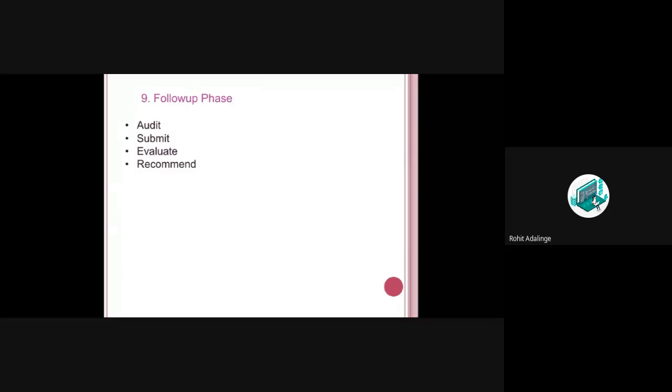And the last one is the follow up phase, the ninth. Under follow up, there are four steps: audit, submit, evaluate, and recommend. What is meant by audit? In front of audit you can write: audit of savings and compare results with original expectation.